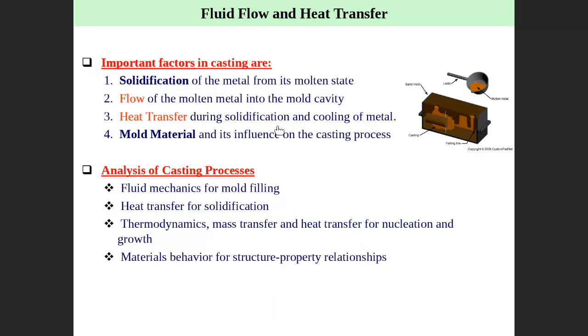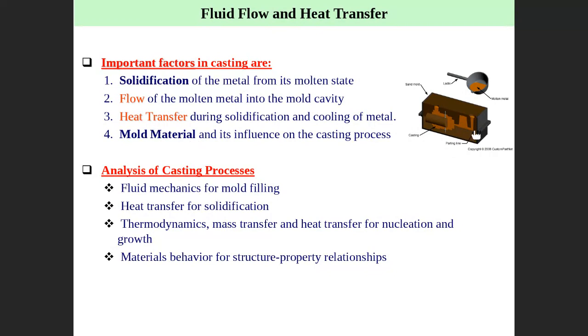Okay, important factors in casting are solidification, as we just mentioned, how to solidify, flow of the molten material into the mold cavity, heat transfer, and cooling of the liquid metal, and mold material. Heat transfer and mold material are related to each other.